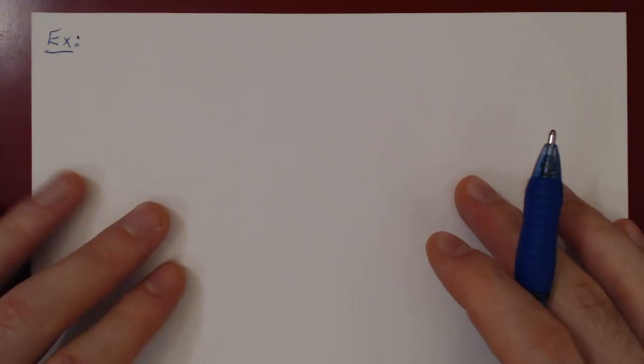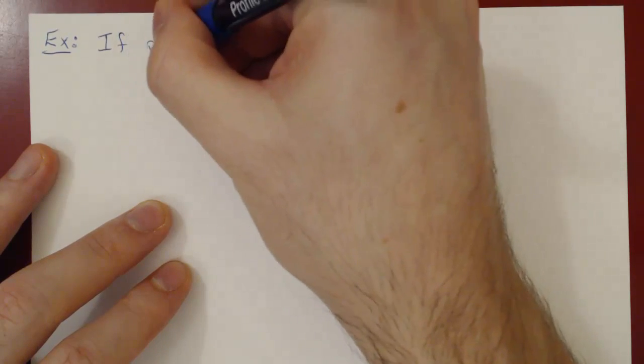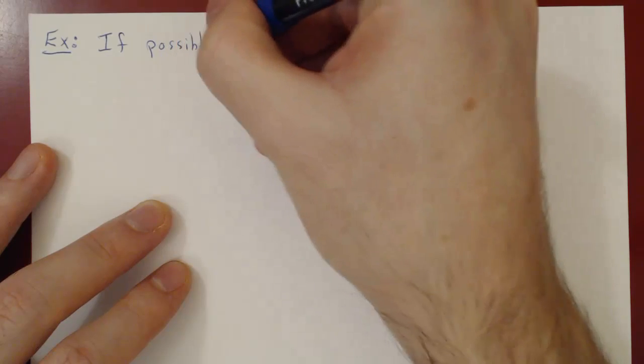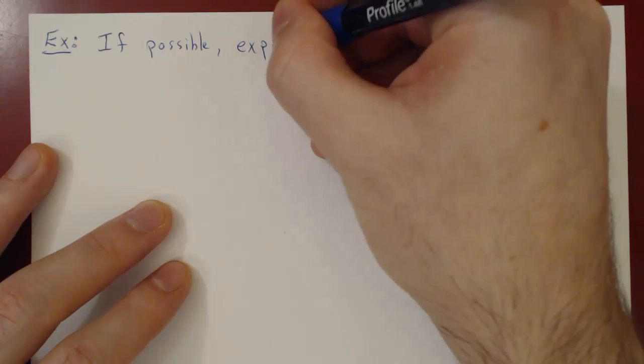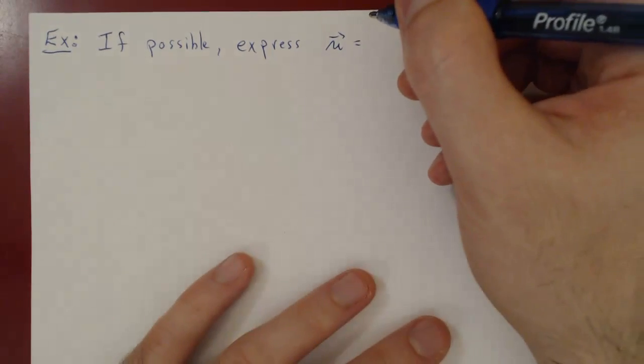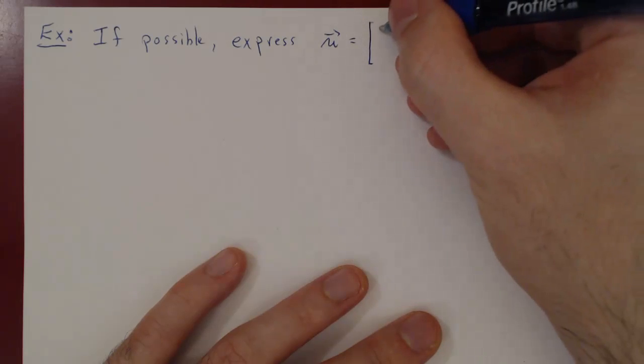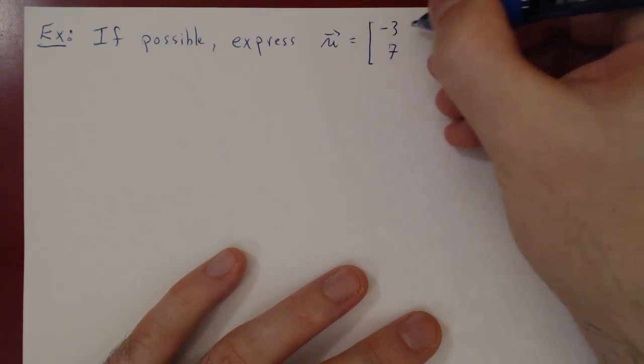So we'll always say, if possible, express the vector u, and we'll take a vector in R2 just to make the calculations shorter. So the vector is -3, 7.